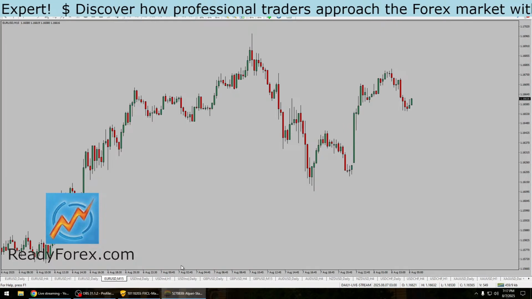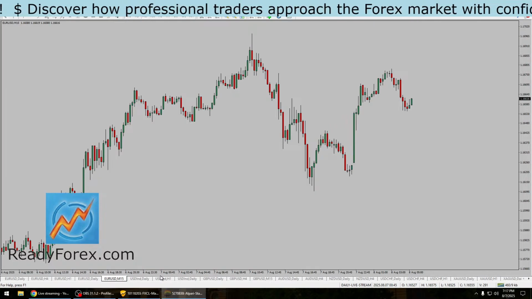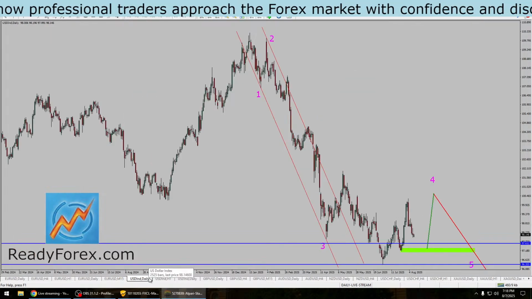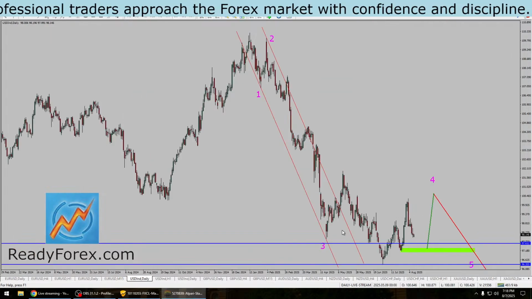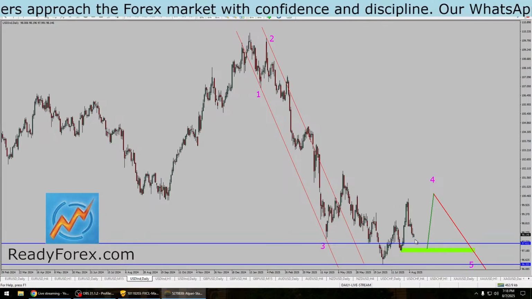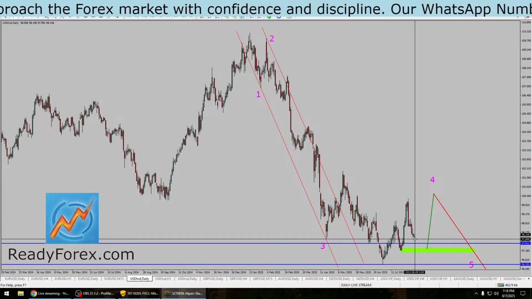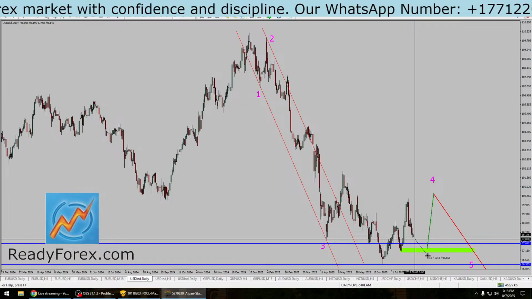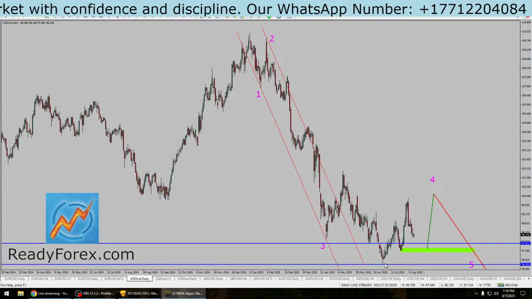Let us take a look at the US dollar index. The DXY should have dropped by this section here from these lows. The way I see it, the market is probably going to drop more here in the dollar index.